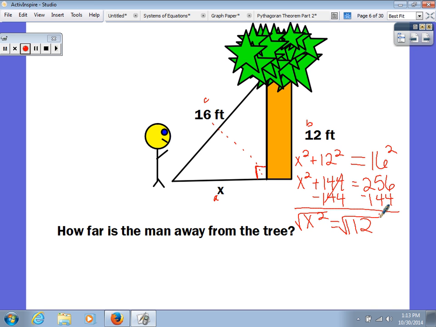Once again, whenever you take the square root, technically you should be putting plus or minus, but we don't do that because it's triangle problems. And we're going to have about 10.6. And we want to say our units. And our units here in the picture is feet. So our answer needs to be feet. So basically the answer is the man is 10.6 feet away from the tree.